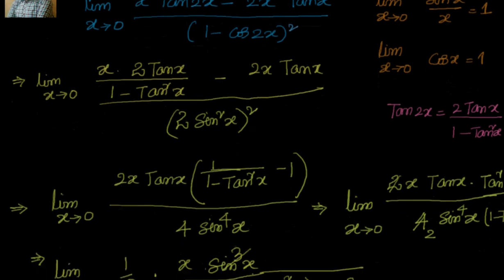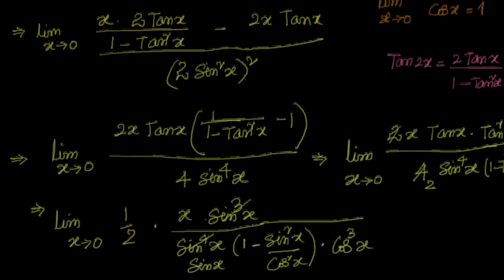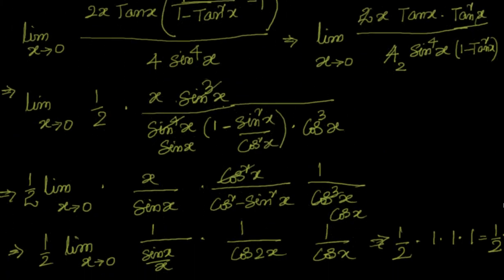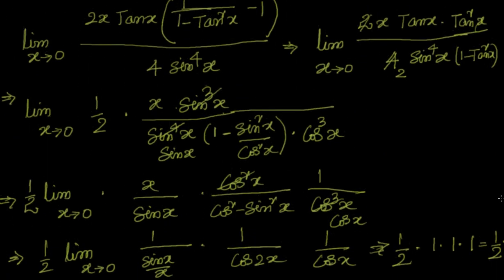When we simplified, we got 2x tan x into tan square x, divided by 1 minus cos 2x, which is 2 sin square x, whole to the power of 2, which is 4 sin to the power of 4 x. And 1 by 1 minus tan square x, minus 1, becomes tan square x by 1 minus tan square x. After that we converted that into sin and cos, applied the formulas we know, and got the answer 1 by 2.